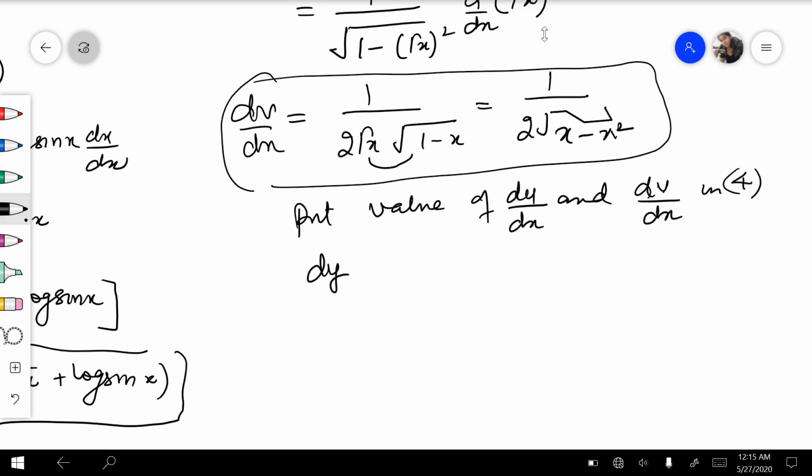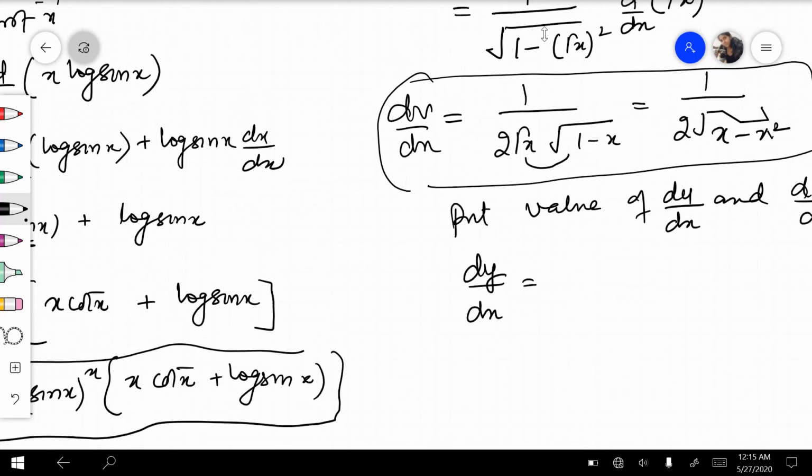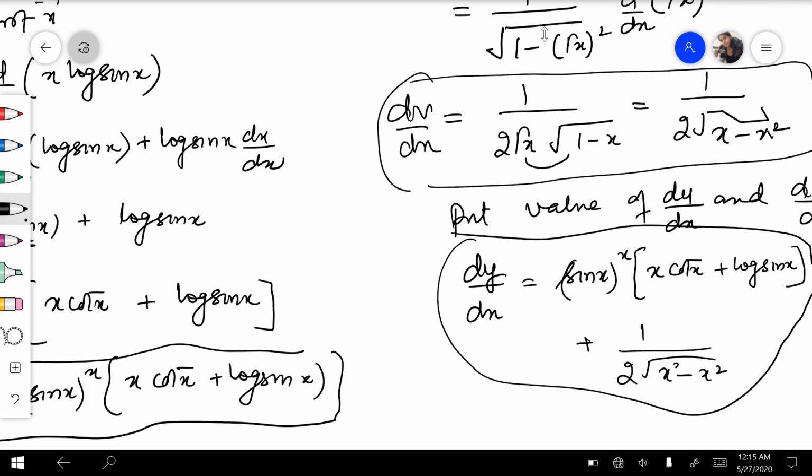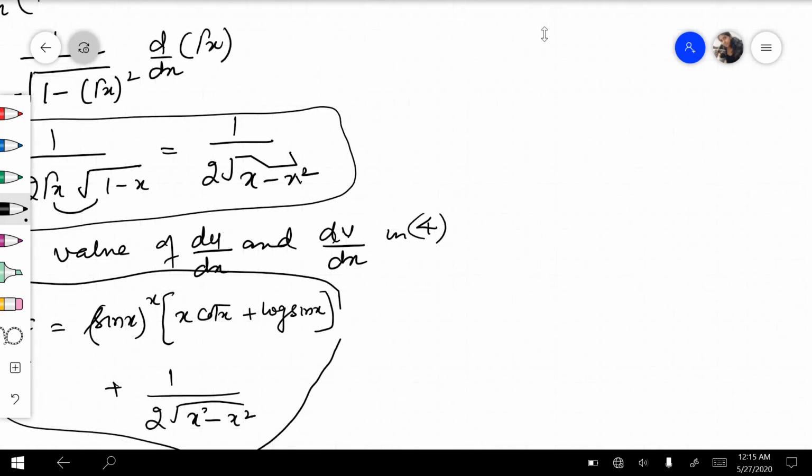So that gives you dy upon dx is equal to du upon dx was (sin x) whole power x into x cot x plus log of sin x, और dv upon dx क्या था? 1 upon 2 square root of x minus x raised to power 2. तो ये हमारे पास फाइनल आंसर आ गया. ठीक है, इजी था. चलिए और क्वेश्चंस करते हैं.